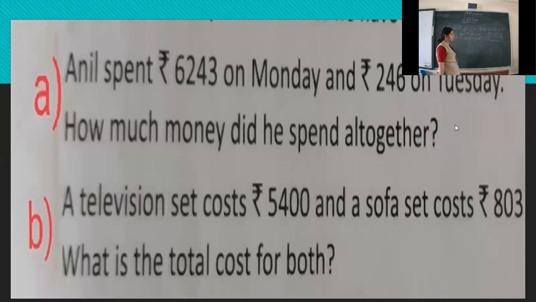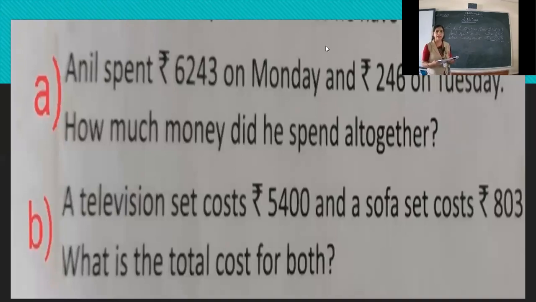Then we'll move to tens place. 4 plus 4, forward counting. 5, 6, 7, 8. So we'll get here 8. 2 plus 2 will be 4. 6 plus 0, just now we did 0 property, will be 6, not 0. Here we are writing rupees. So you can say money spent, total money spent will be 6,489.